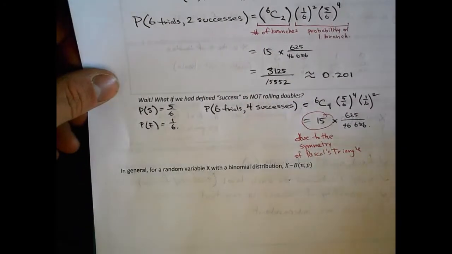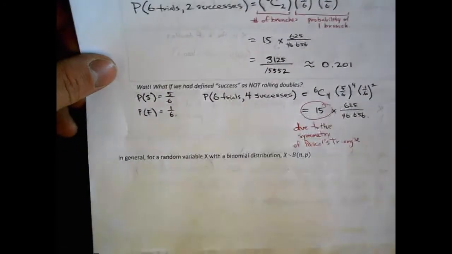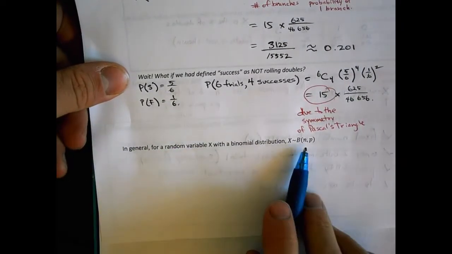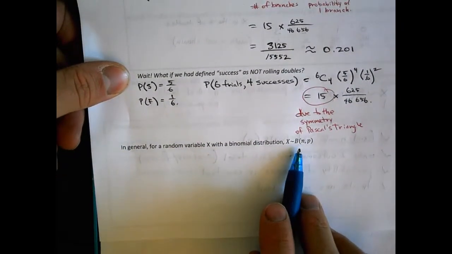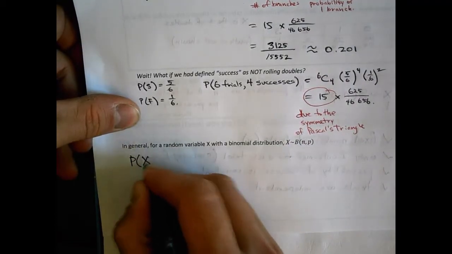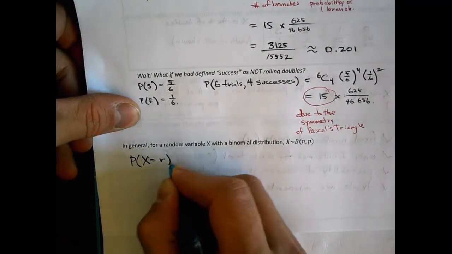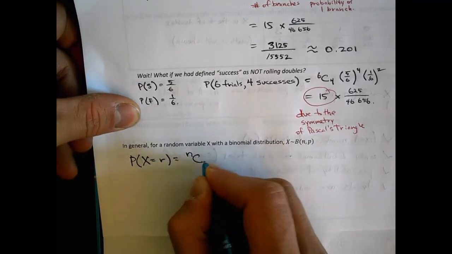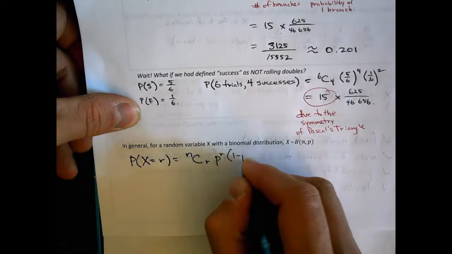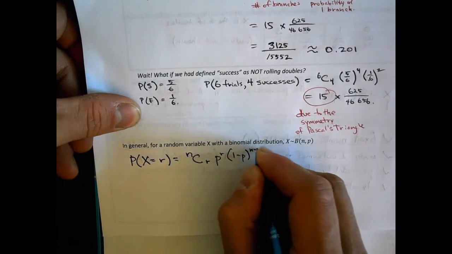Okay, so that gives us our formula, or we've just developed our formula for a random variable x that follows a binomial distribution, that is, has those two parameters. The probability that x is equal to some value is n choose r, p to the r, 1 minus p to the n minus r.